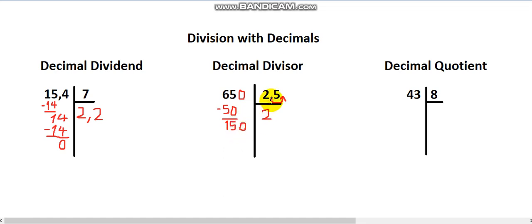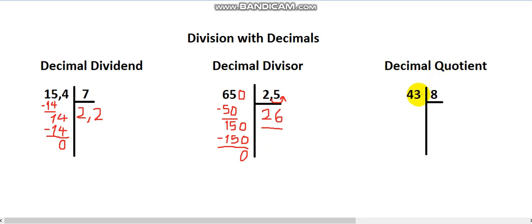And then I say, how many times does 25 go into 150? That would be 6 times. And if I do the subtraction, I'm going to get a 0. And so my result, my quotient, is 26.